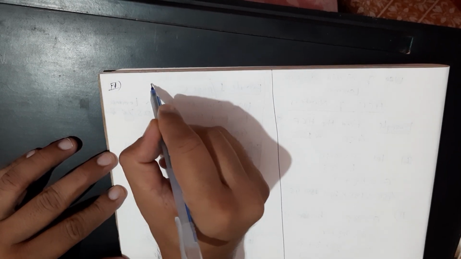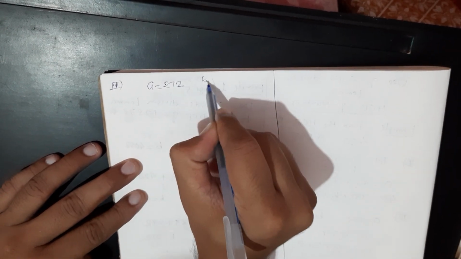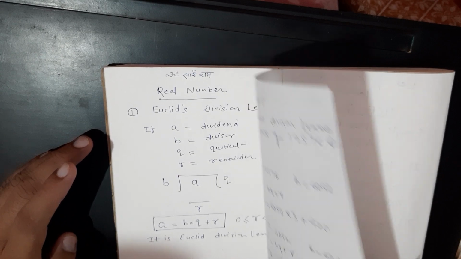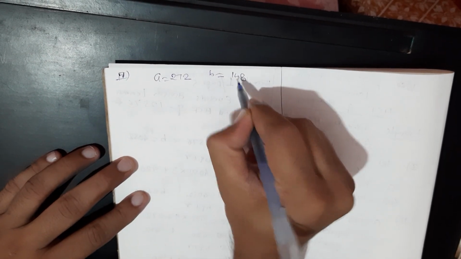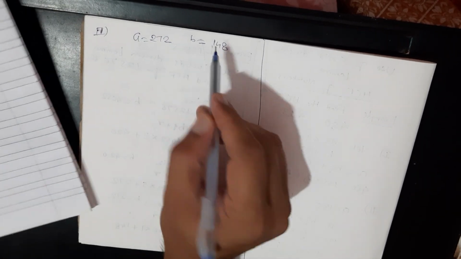Fourth step, A is equal to 272 and B is equal to 148. Again in the rough section we divide 272 by 148.